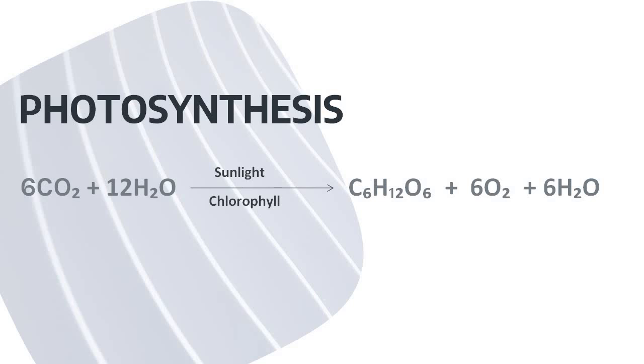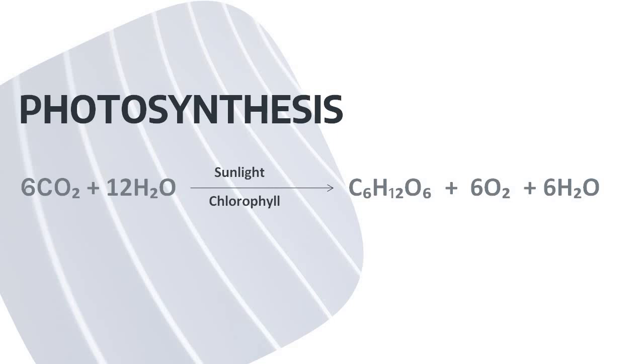Let's see the equation of photosynthesis. Here, carbon dioxide is reduced to carbohydrates and the light energy helps in splitting of water molecules into hydrogen and oxygen. Hydrogen is combined with carbon dioxide to form carbohydrates and the oxygen is released into the air.